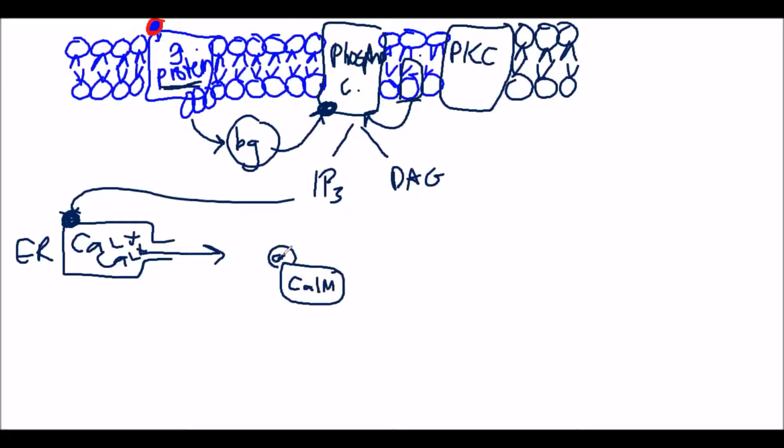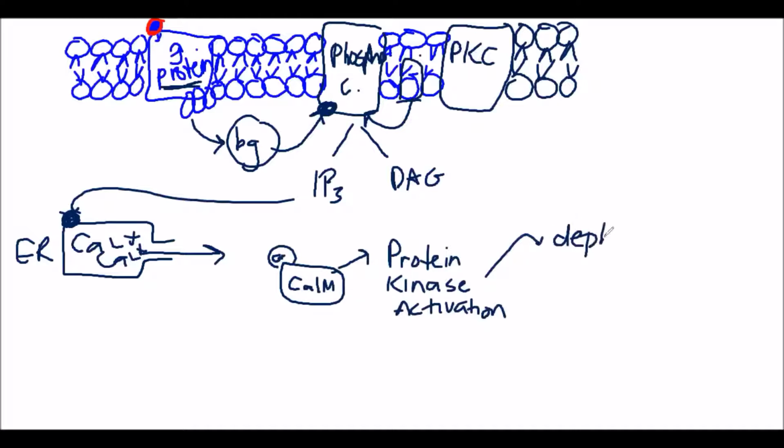Calmodulin bound by calcium is going to cause protein kinase activation, so I'll write protein kinase activation. This protein kinase activation is going to cause dephosphorylation, just like it did in the last drawing I drew out for us.